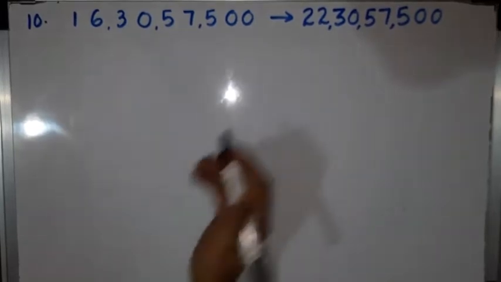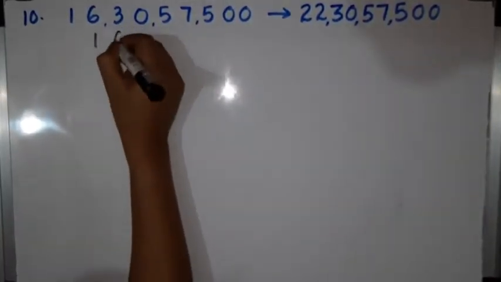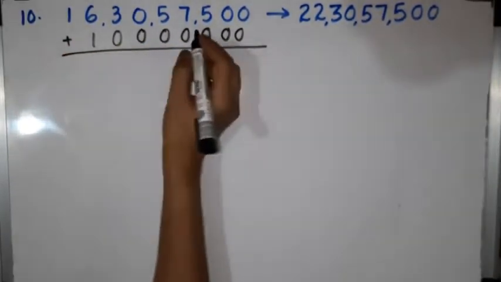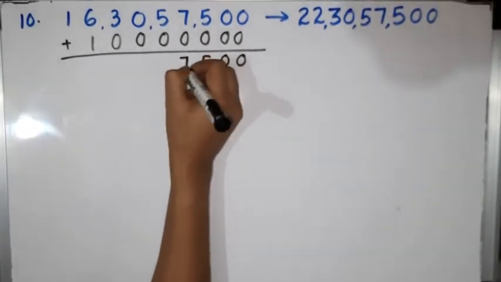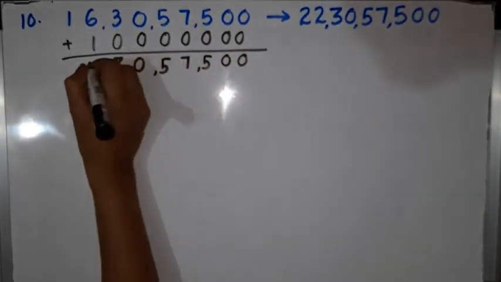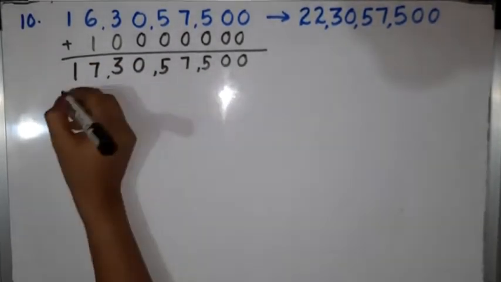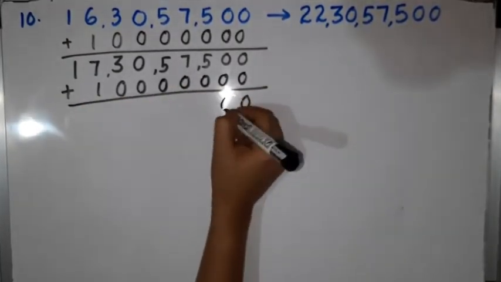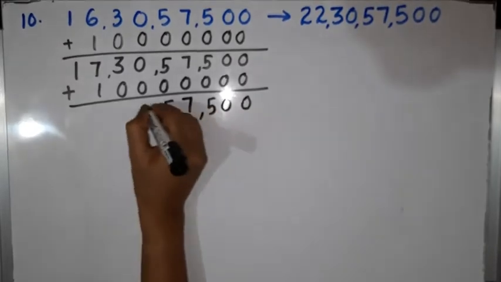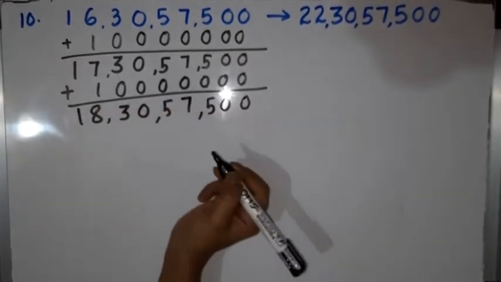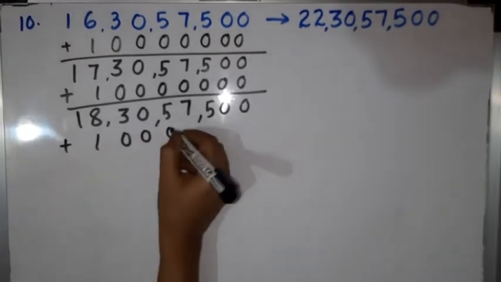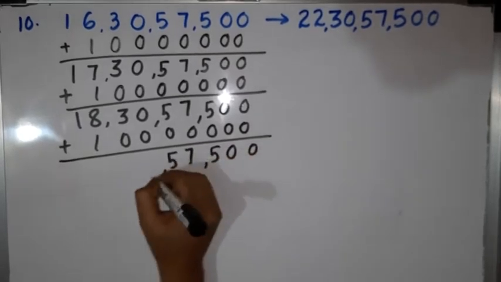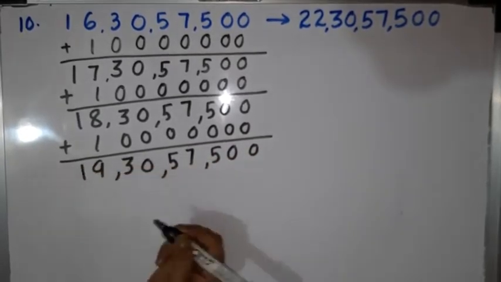So we'll be adding crore now. So ones, tens, hundreds, thousand, 10,000, lakh, 10 lakh and crore. So let us add. Here it will be 0, 0, 5, 7, 5, 0, 3, 6 plus 1 is 7 and 1. Again we'll be adding crore. Then 0, 0, 5, 7, 5, 0, 3, 8 and 1. Again we'll add 1 crore and 0, 0, 5, 7, 5, 0, 3, 9 and 1.